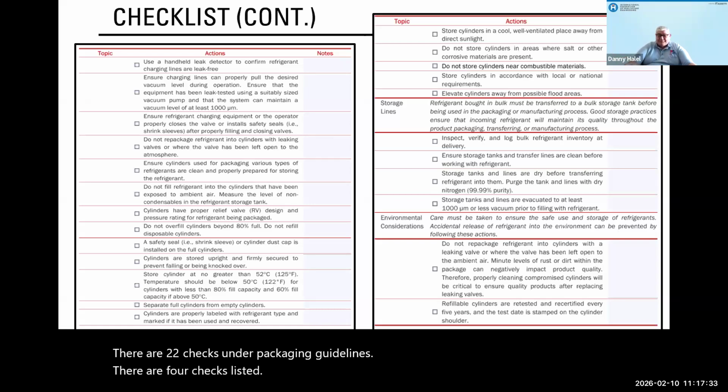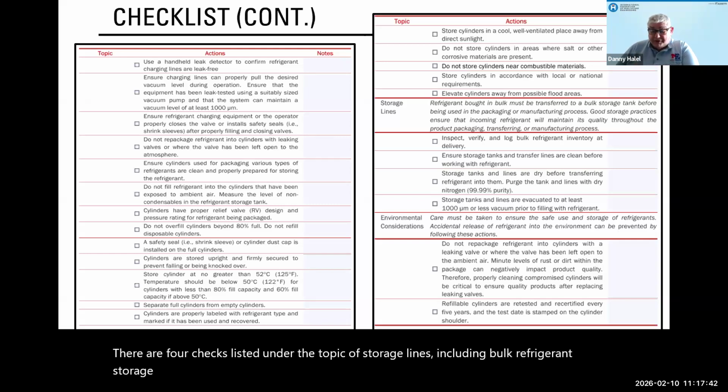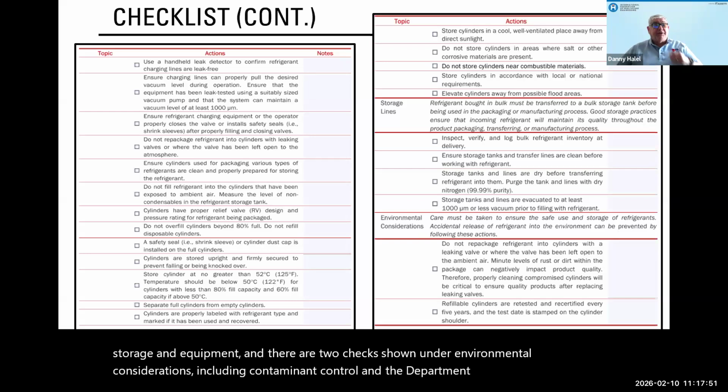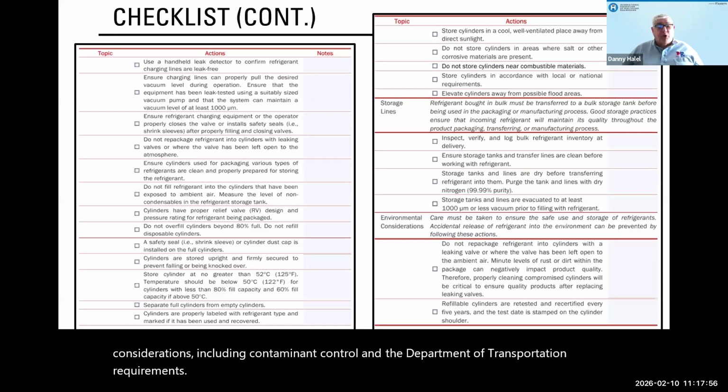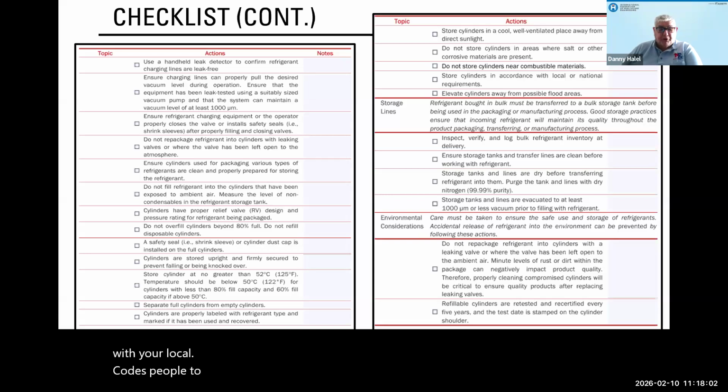There are 4 checks listed under the topic of storage lines, including bulk refrigerant storage and equipment. And there are 2 checks shown under environmental considerations, including contaminant control and the Department of Transportation requirements. Now, these requirements are specific to your area. So again, ensure that you check with your local codes people to understand what the requirements are as far as the transport of particular refrigerants.